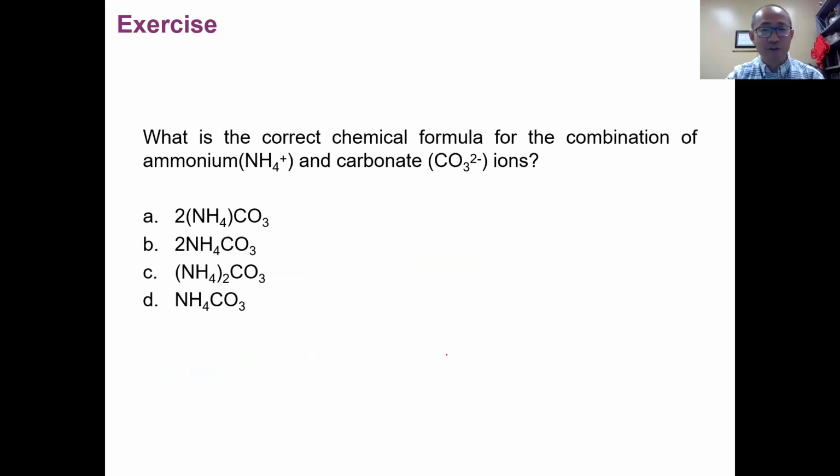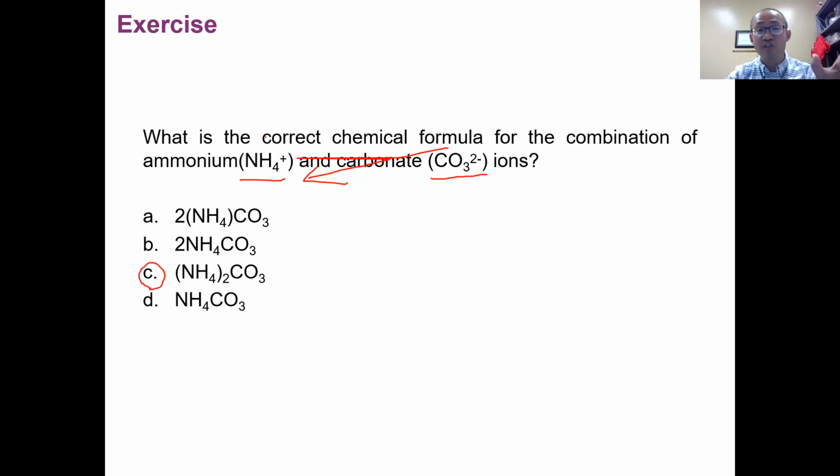Here, I ask you a quick question. What is the formula between ammonium and carbonate? Ammonium is 1, carbonate is 2. So the carbonate charge becomes the subscript of ammonium. The carbonate determines the subscript for ammonium is 2.